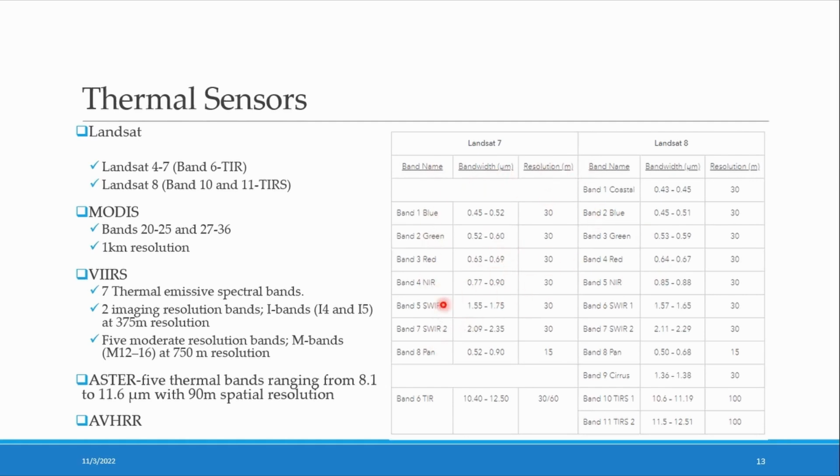On the same satellite, there is also another band, band 6, which measures emitted energy, and it is the thermal band. So one satellite can have two types of remote sensing occurring. It can do both optical remote sensing and thermal remote sensing. So there are no specific satellites for thermal remote sensing.